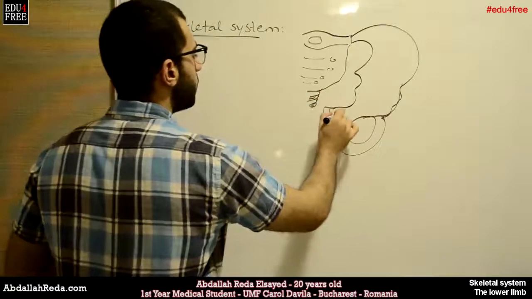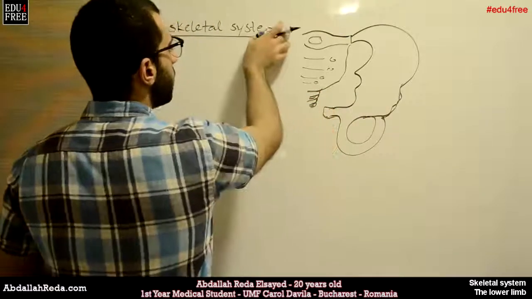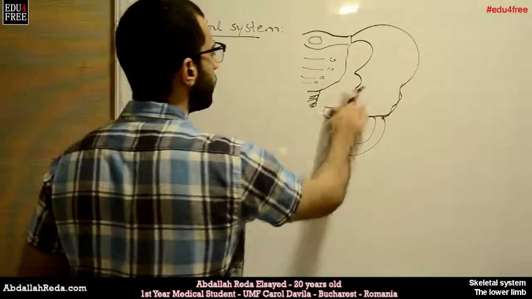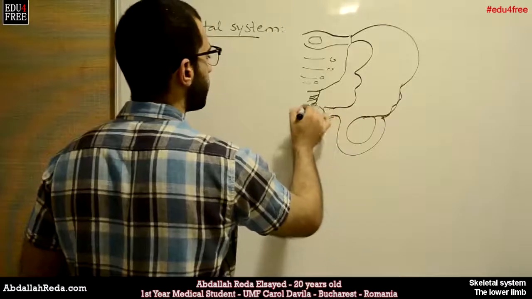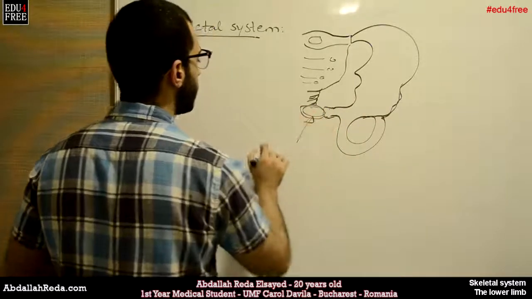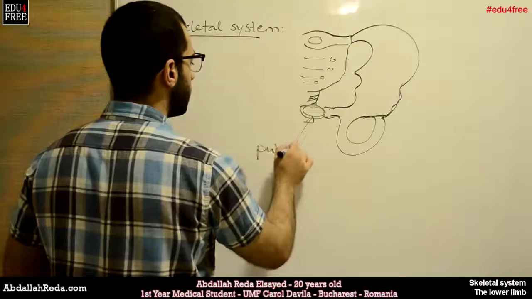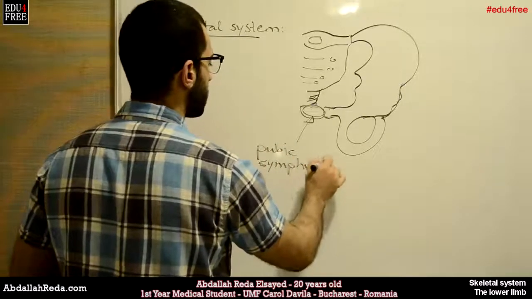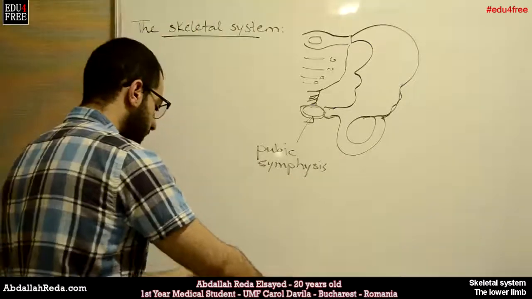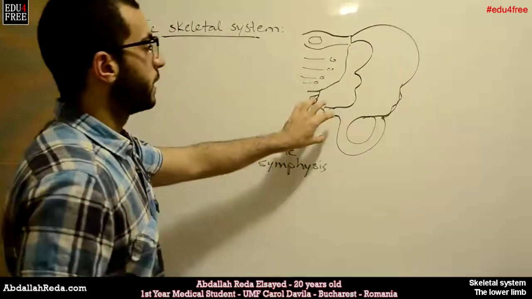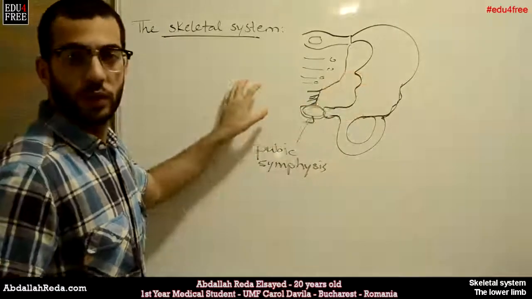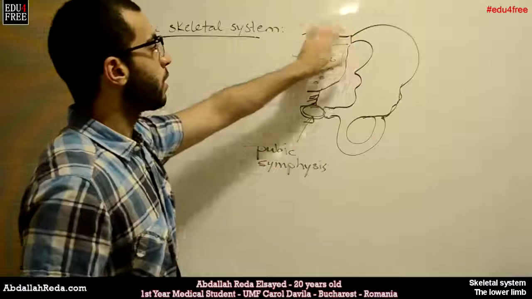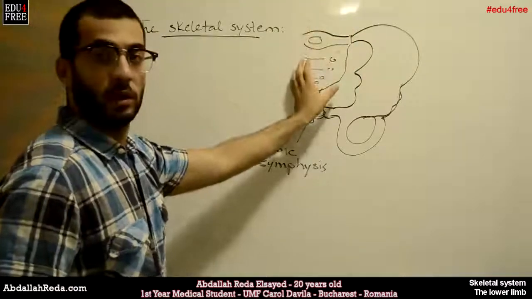And here, the other pelvis is found, and it's joined with this one through this cartilage, and this point is called the pubic symphysis. So anteriorly, the two pelvic bones are joined together through the pubic symphysis, and posteriorly they are both attached on the sacral vertebrae.